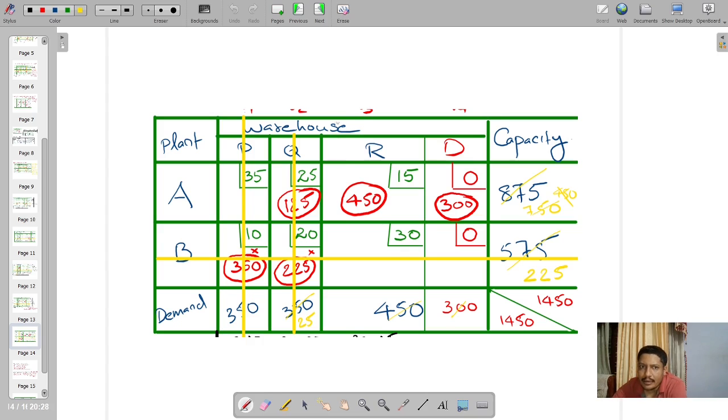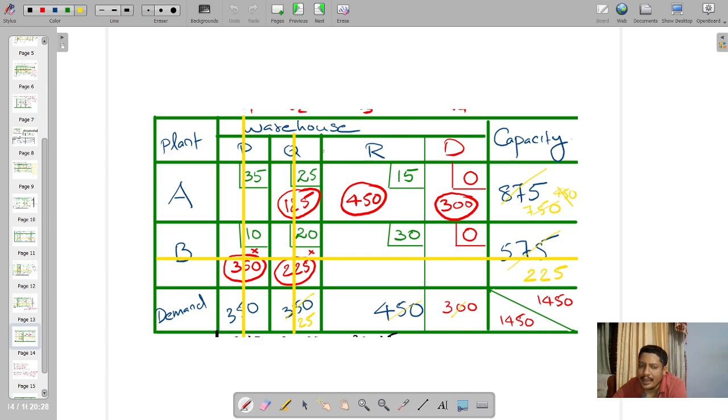Now again the stone squares are AQ, AR and AD, and BP and BQ. The new water squares are AP, BR and BD.